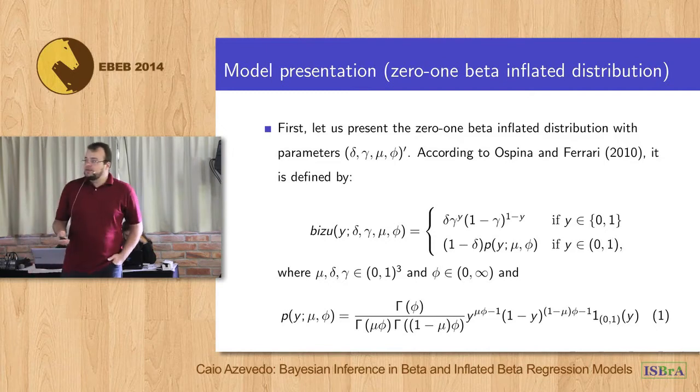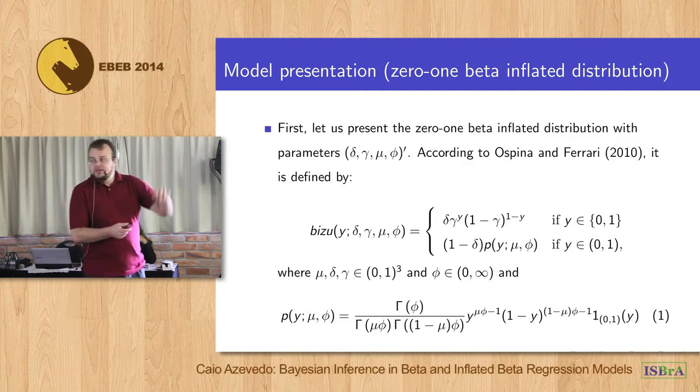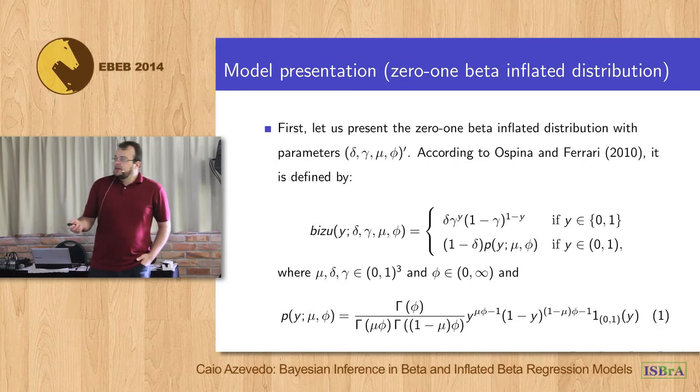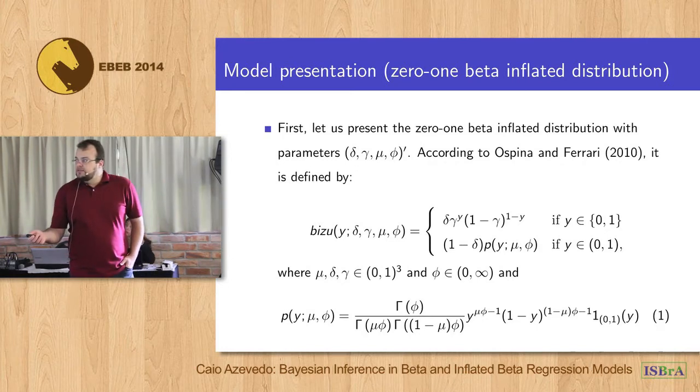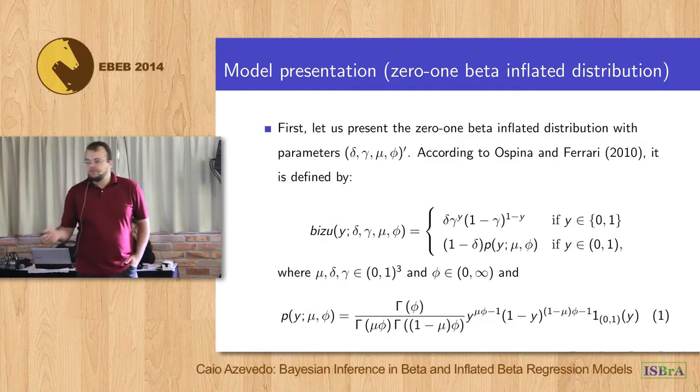So they model these 4 parameters by a regression structure. They use a logit link function for the expected value, also a logit link function for the delta and gamma parameters, and a log link function for the phi parameter.